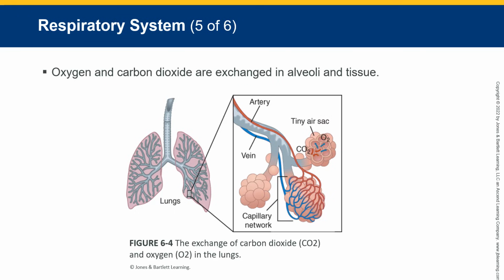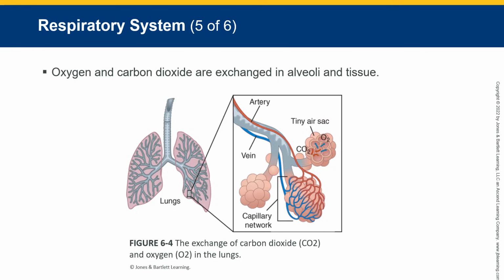Now what goes on is those two structures, the capillary network is touching just barely the alveoli, and there's a semi-permeable membrane between that. Means some things pass back and forth. Well, what passes back and forth? The gases. And on one side is oxygen, and on the other side, roughly speaking, is CO2.